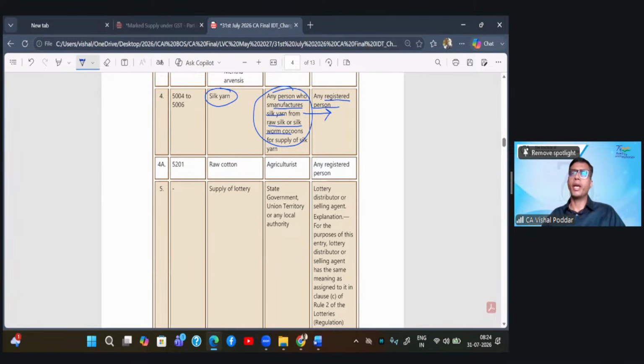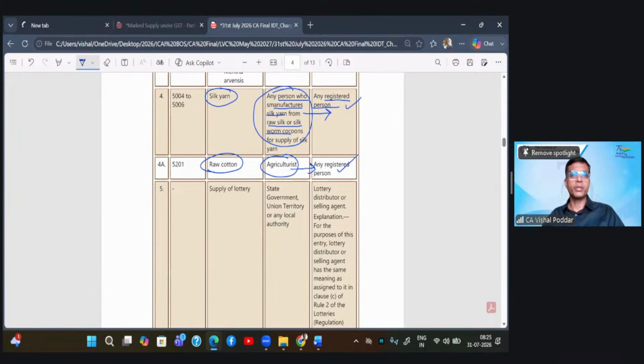That is why they have said that the agriculturist need not pay the tax, because the tax will be collected from the recipient. Then again comes another item, again relating to agriculture, that is raw cotton. Again, when an agriculturist is supplying this to a registered person, the registered person is going to pay the tax. Again, the agriculturist is kept outside.